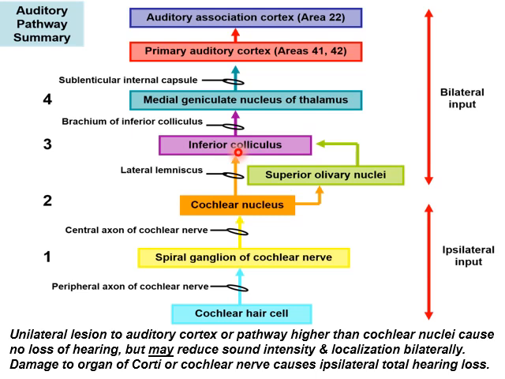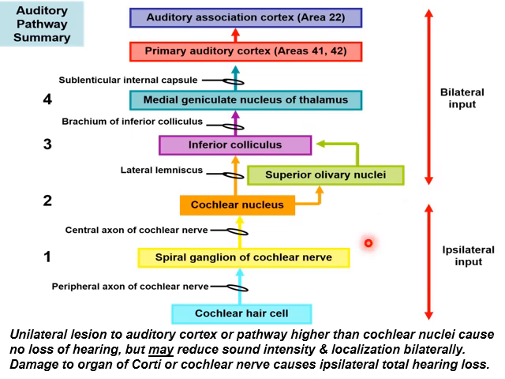However, it may reduce the sound intensity a little and the ability to localize the site of the sound, so to know the direction of the sound bilaterally. That means if there is reduction in the sound intensity, it will be reduced in both ears, and the ability to localize the sound coming from which side will be reduced on both sides, because, as I said, it is bilateral input.